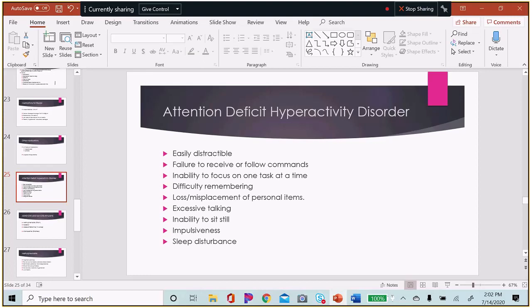But if it gets to a certain point, you could put the person on medication. Typically this is a disorder that's diagnosed in childhood, although there are people who are diagnosed as adults. But the patient should not be placed on medication unless they've had the neuropsychiatric testing to show that they do have this disorder.